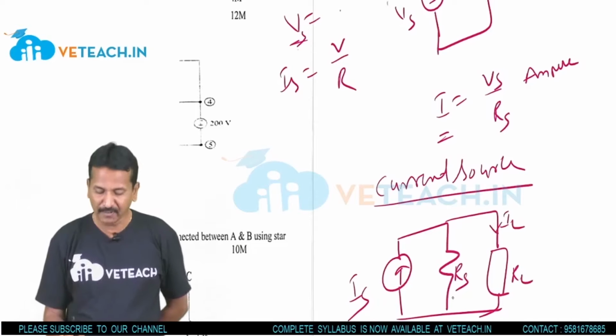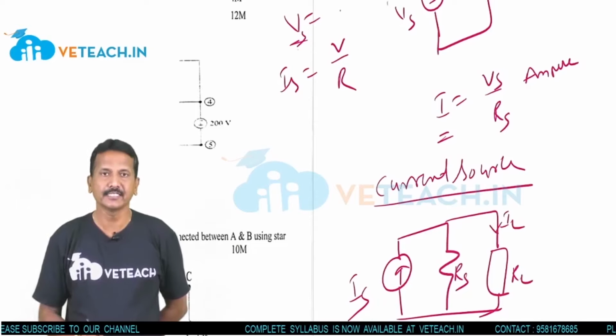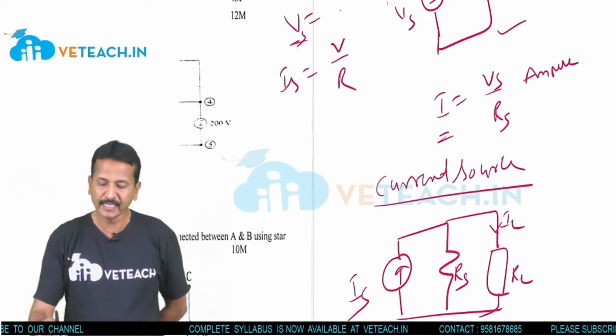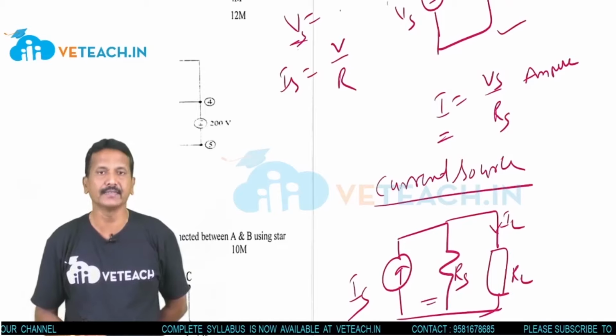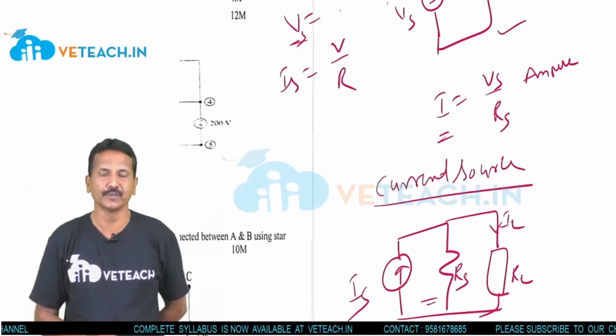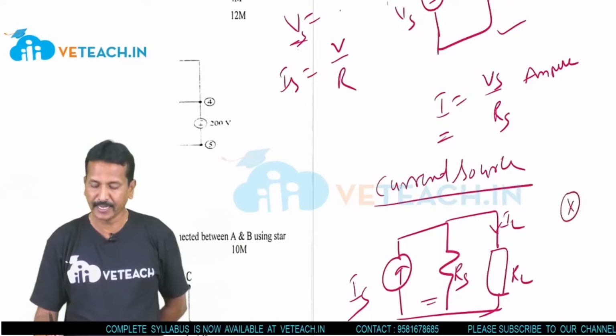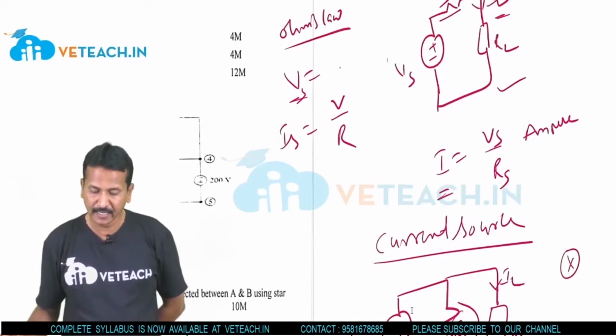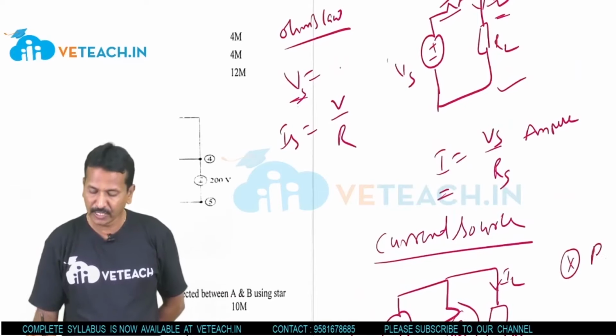A current source in parallel with the internal resistance, across the load resistance. So voltage source in series, current source in parallel. You have to understand these things. And a very important thing here is that the Rs value is never changed, it is always the same.